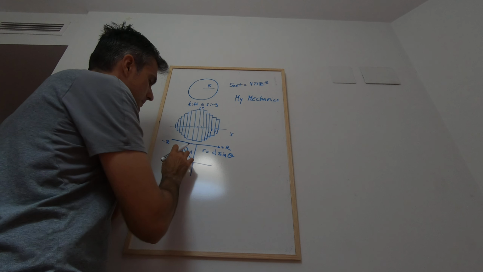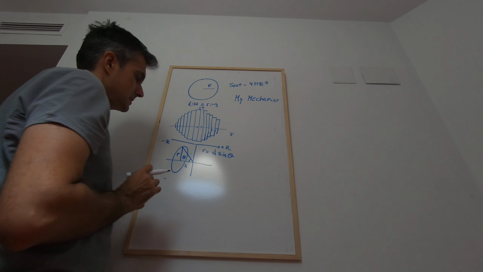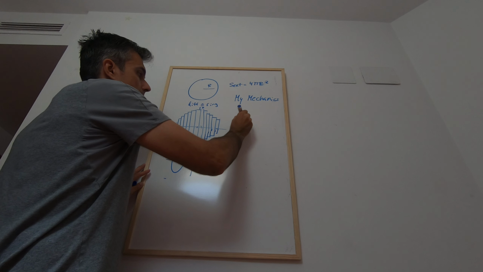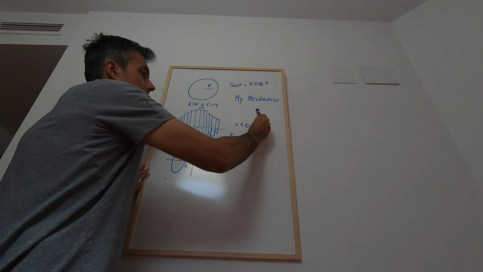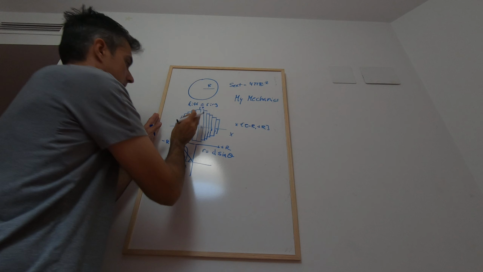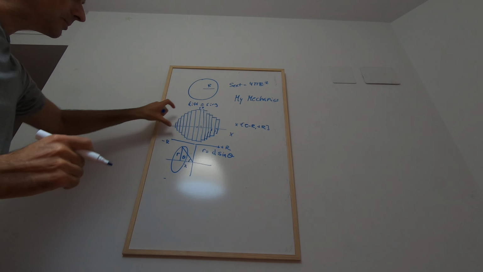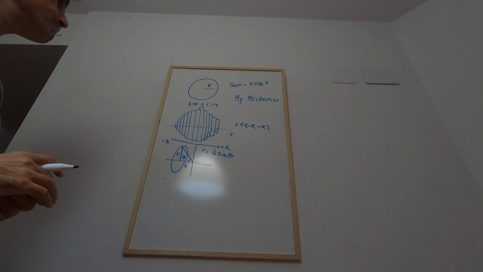If I know x, instead of d I would know this x, and then we change from minus R to plus R. Minus R, then 0, and then plus R, so I will travel through all of the differential elements.